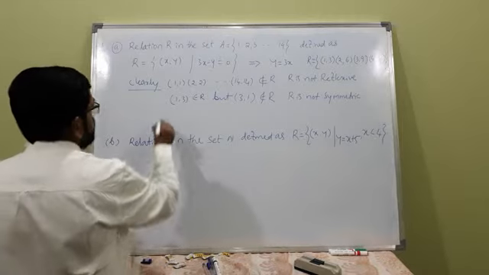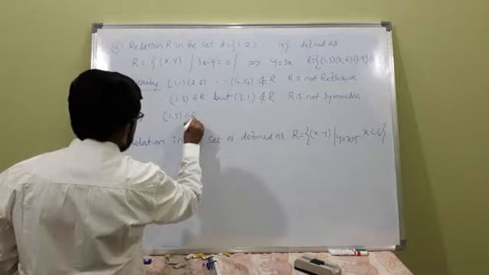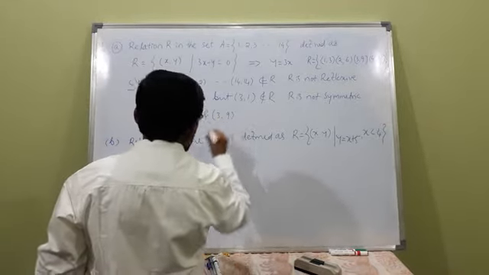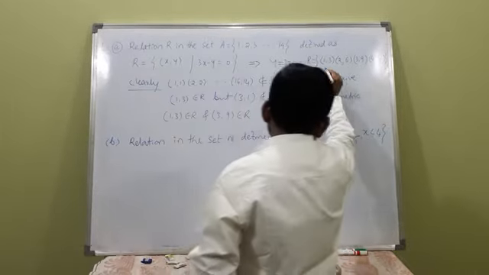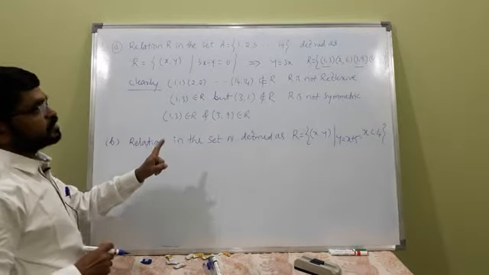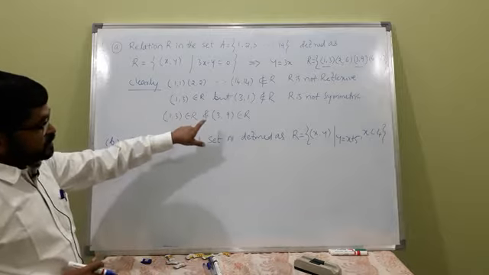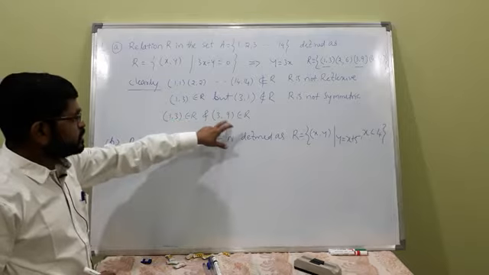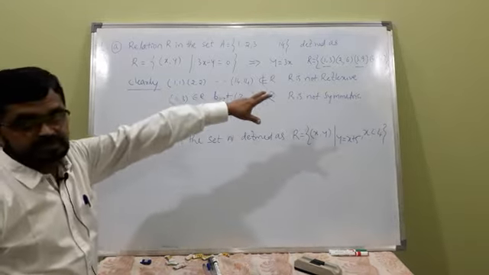Take any two. (1,3) belongs to R and (3,9) belongs to R. According to the rule, (a,b) belongs to R and (b,c) belongs to R should imply (a,c) belongs to R. With (1,3) and (3,9), (1,9) should be an element of R, but that is not there.